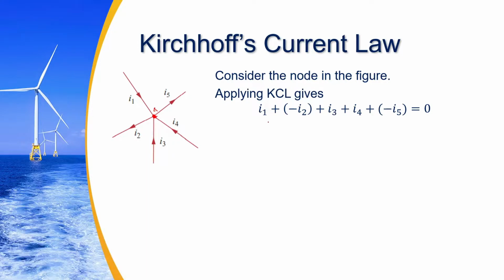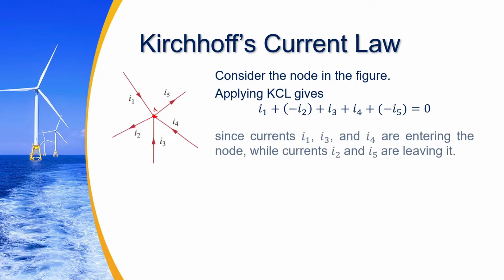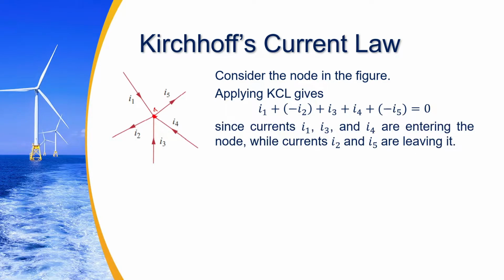And then, sabi sa rule ng KCL natin, yung sum ng lahat ng currents natin ay equivalent sa 0. Since yung currents I1, I3, I4 are entering the node, while currents I2 and I5 are leaving it, kaya meron tayong ganyang sign conventions.